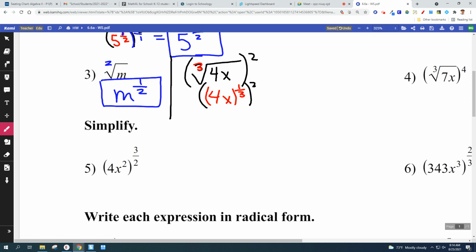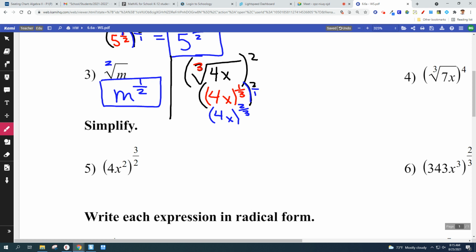Now, again, think about way back to 6th grade math or something, when you had two numbers separated by parentheses that told you to multiply them. That's what we're going to do here. We're going to multiply those two things. That 2 is like 2 over 1. So 1/3 times 2 over 1 is 2/3. So we'd have 4x to the 2/3 power.